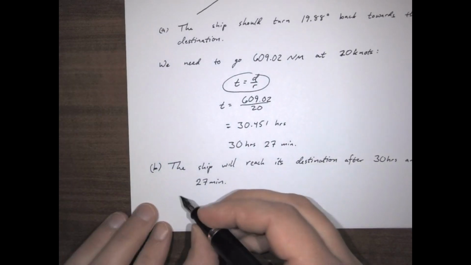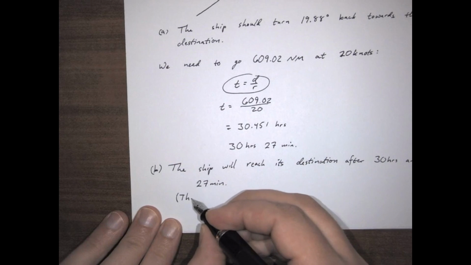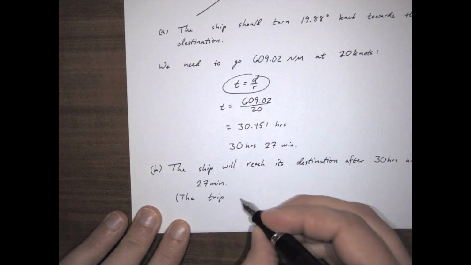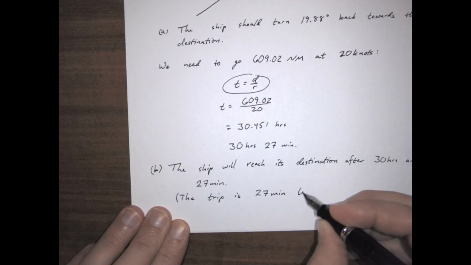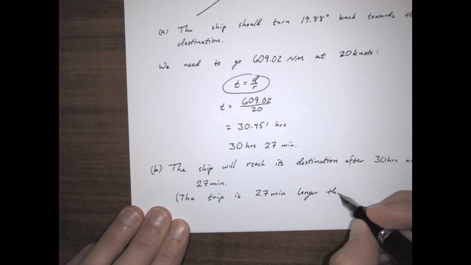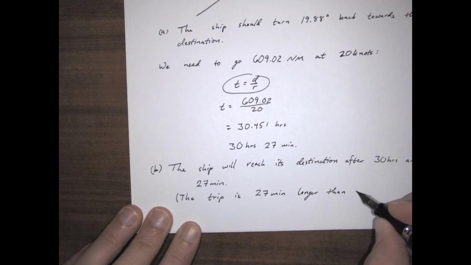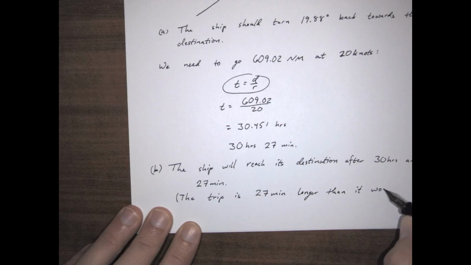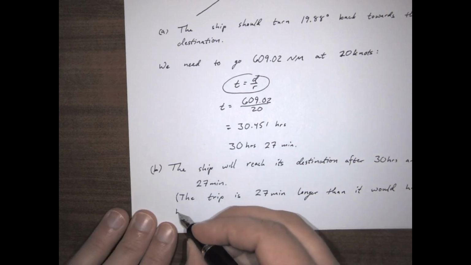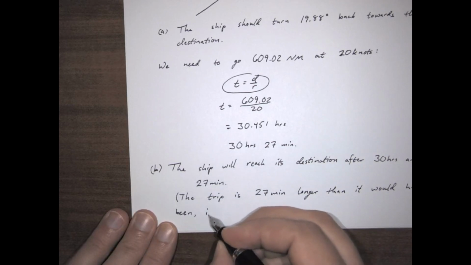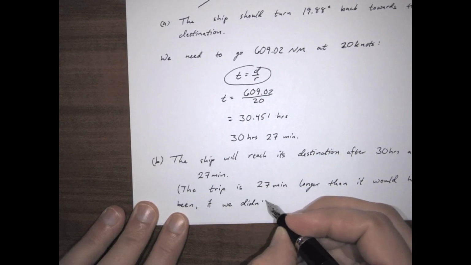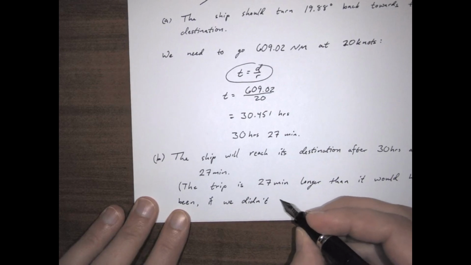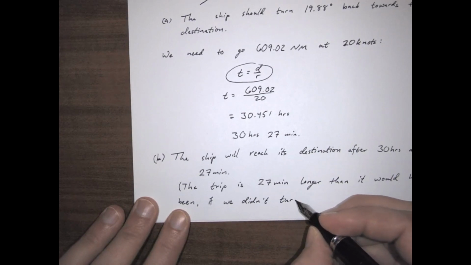So the trip is 27 minutes longer than it would have been if we didn't turn to avoid the storm.